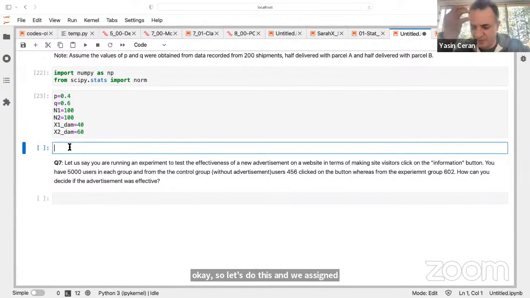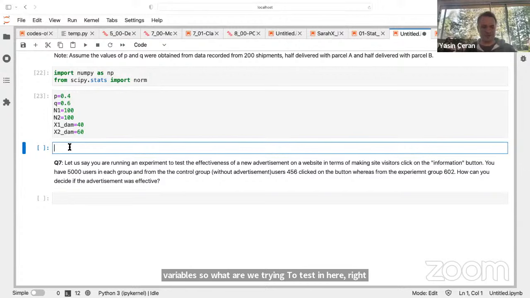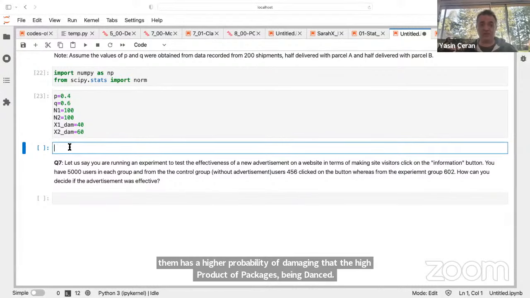What are we trying to test here? What is the goal? I have two different kinds of shipments, and I would like to see if they are the same, or if one of them has a higher probability of packages being damaged than the other. That's what I want to test.